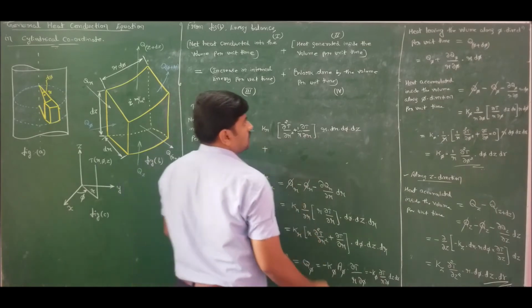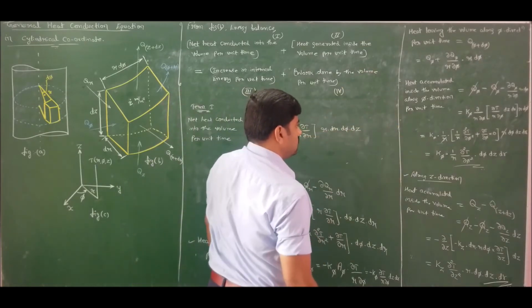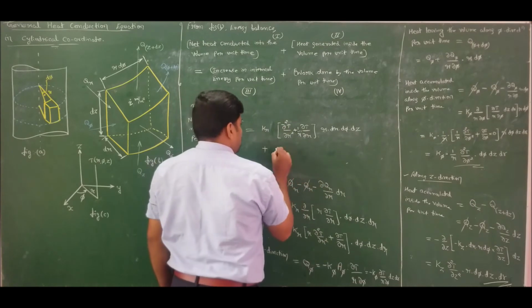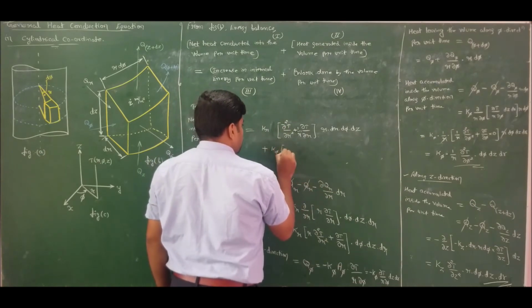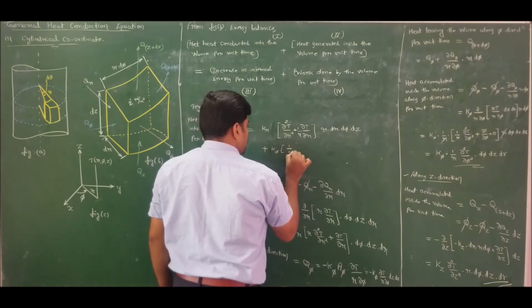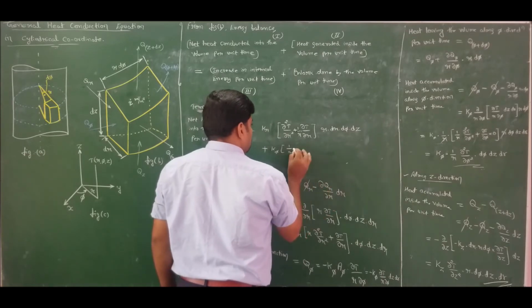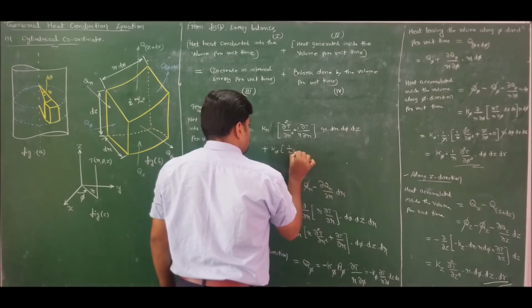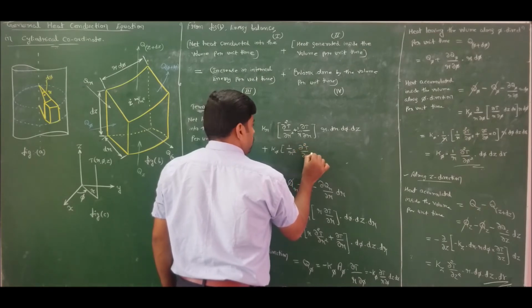plus along phi direction, if I take r common, it will become k phi of 1 by r square dou square t by dou phi square.